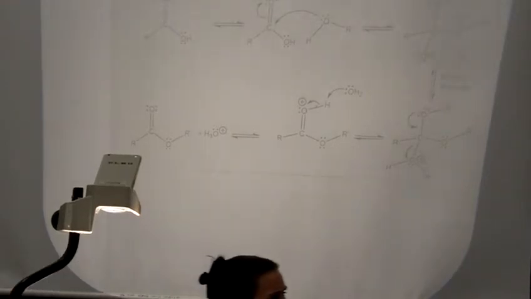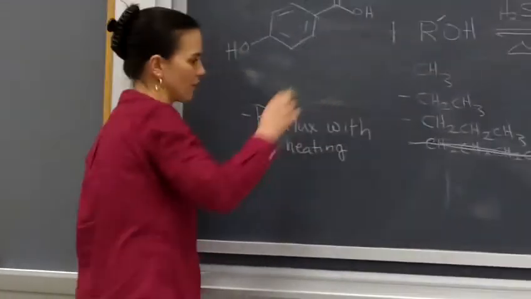So we talked about this is going to be done at reflux for a couple hours, okay? And the reaction itself, we're going to reflux with a heating mantle. Now what you don't want to do is just kind of cook the heck out of the reaction, okay?